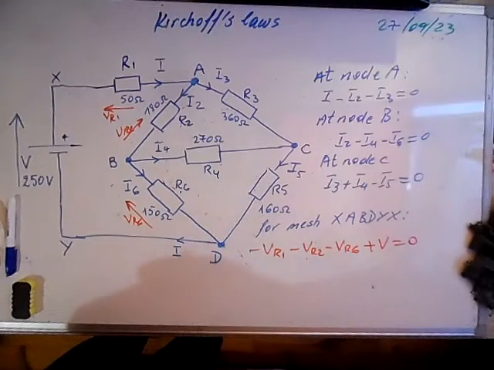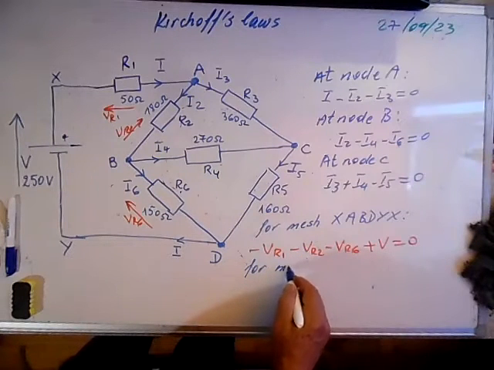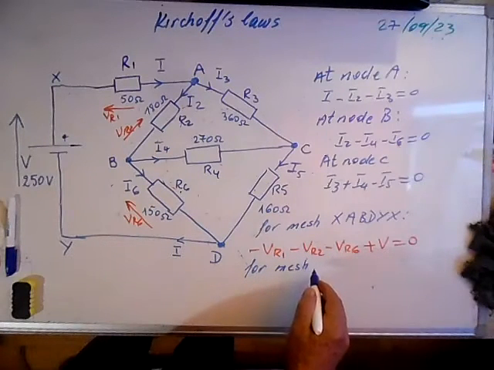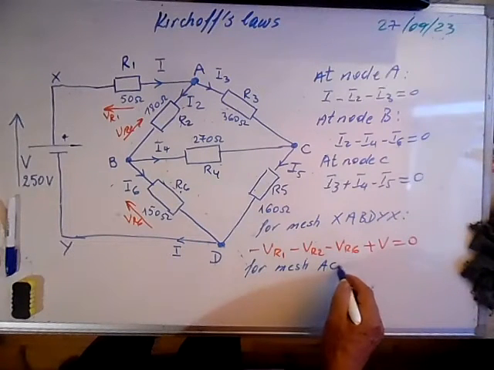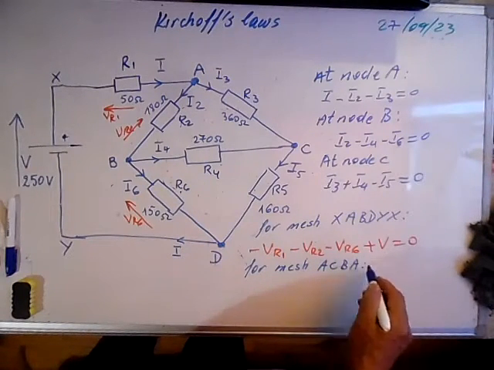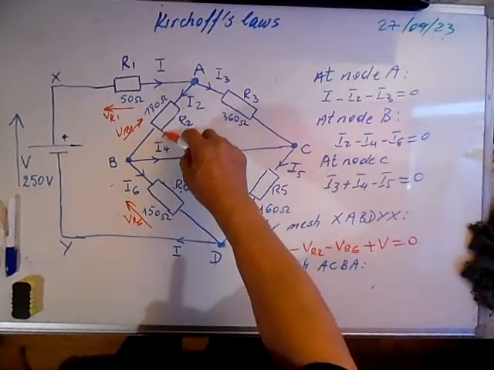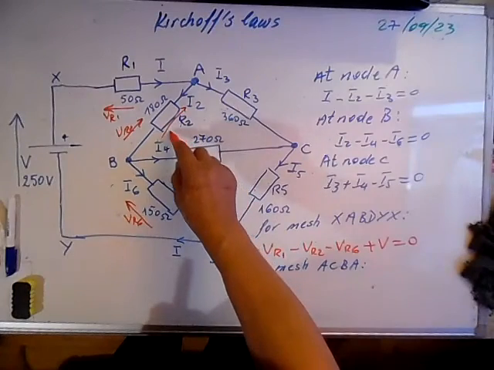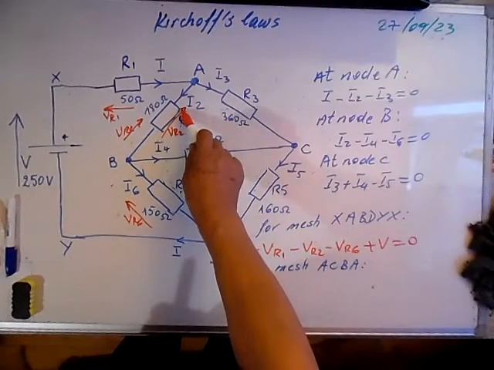Let's write now for mesh ACBA. Here we have chosen currents this way, so VR2 is like this.